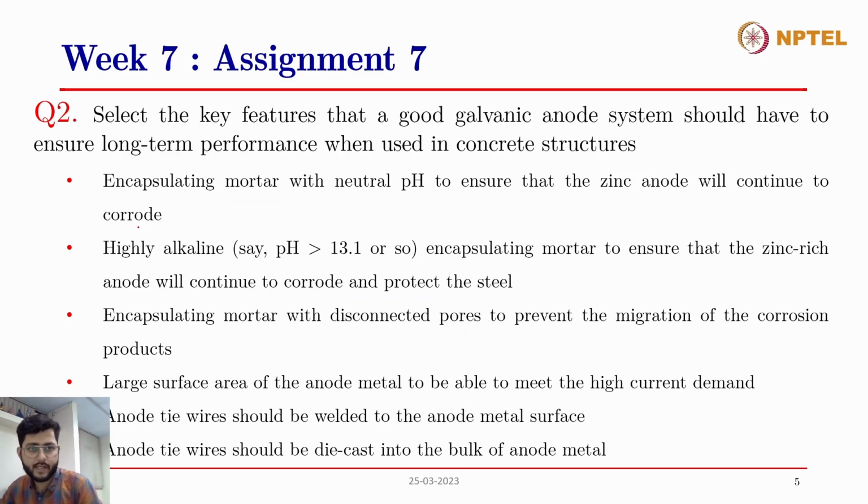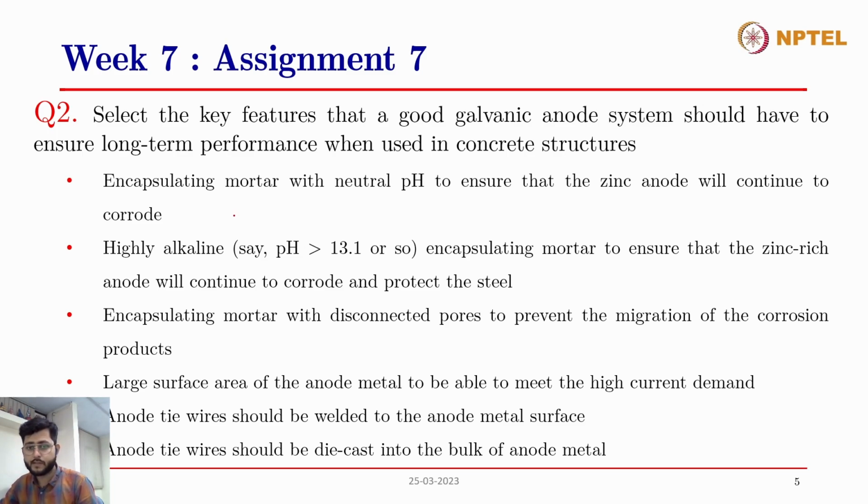Okay, moving on to the second question. Select the key features that a good galvanic anode system should have to ensure long-term performance when used in concrete structures. Which of these key features would you want? Encapsulating mortar with neutral pH to ensure that the zinc anode will continue to corrode. High alkaline, say pH greater than 13.1 or so, encapsulating mortar to ensure that the zinc-rich anode will continue to corrode and protect the steel.